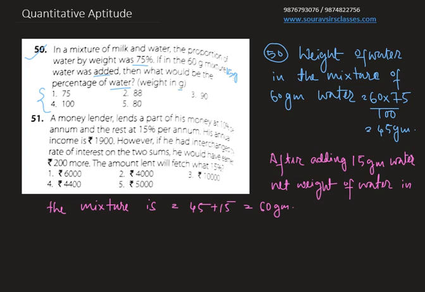Therefore, the percentage of water is equal to 60 into 100 divided by 75, which results in 80%.